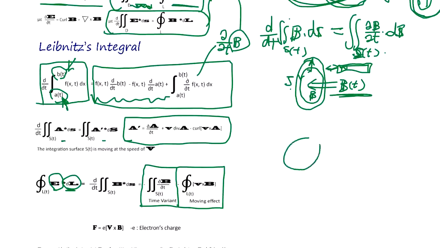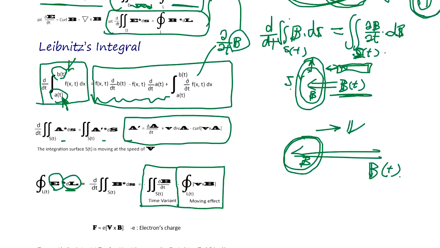Say this ring is moving at V in the magnetic field. So the B is already time variant, but because this ring is moving, there is an additional term, and that's what it is.